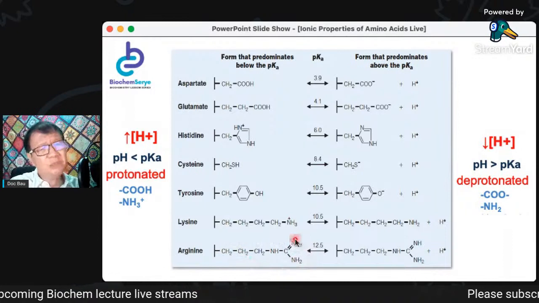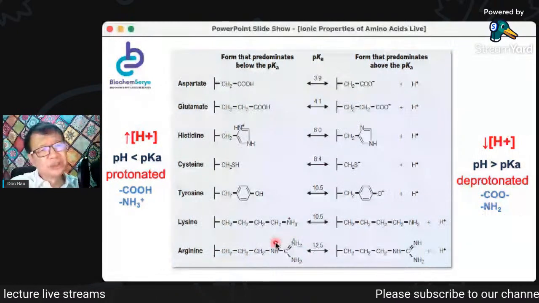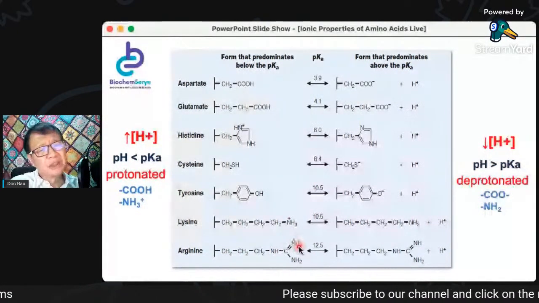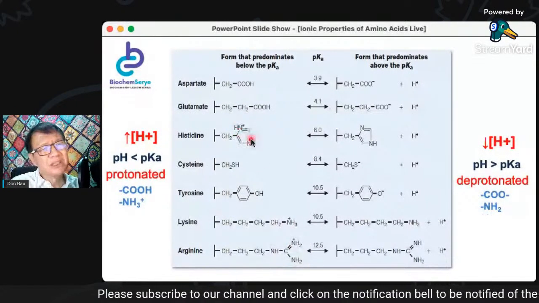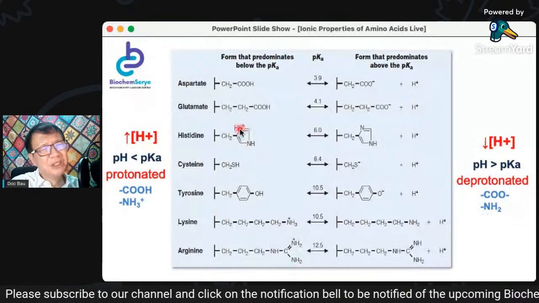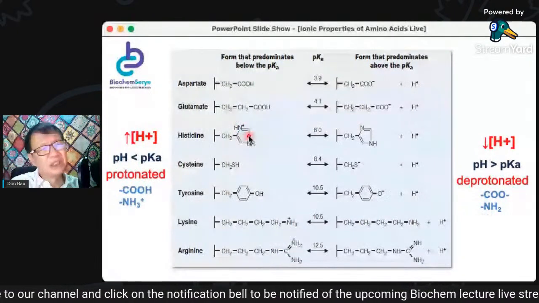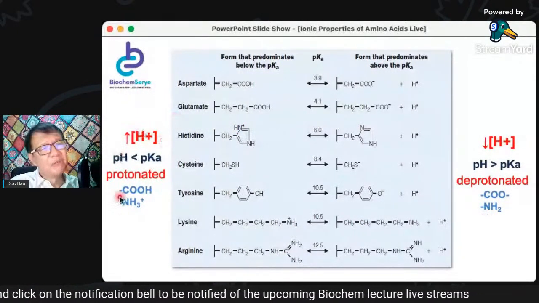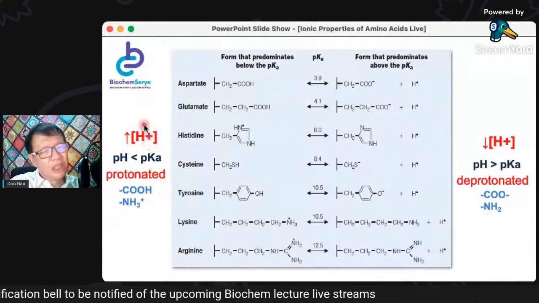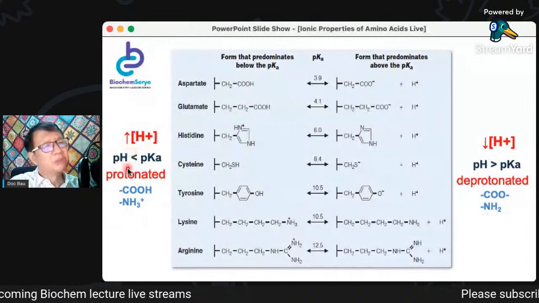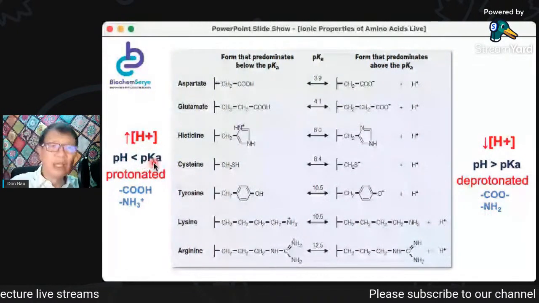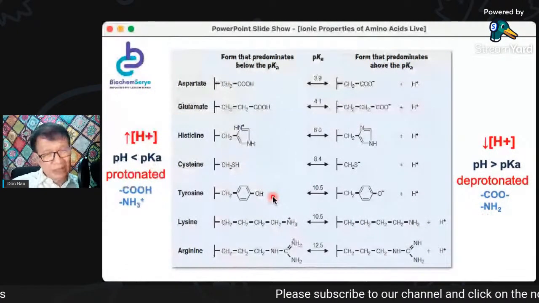Then the guanidinium, just look at the structure, you have a positive nitrogen as well. Same with histidine, sometimes this transfers because you have resonant forms for your imidazole group. This is for your low pH, high hydrogen ion concentration, wherein the pH is most probably below the pKa.